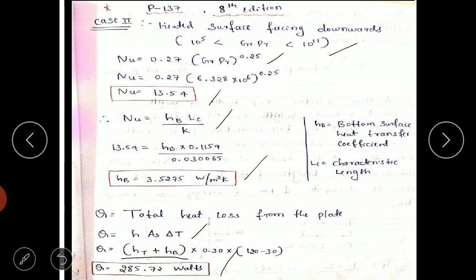So you can use this procedure to calculate the Q value. Okay, if it is specifically given that one of the surfaces is heated, then you can use either case 1 or case 2 in order to solve the problem. Okay, thank you.